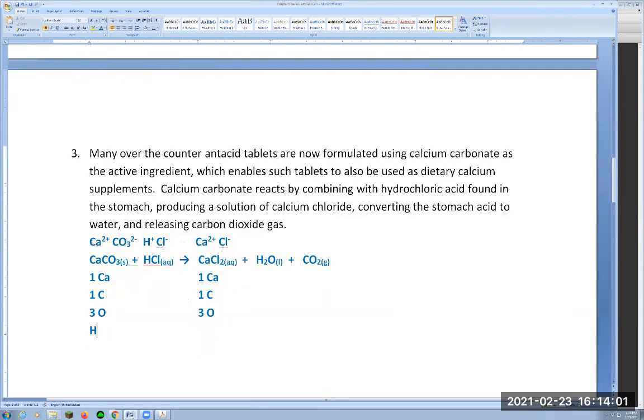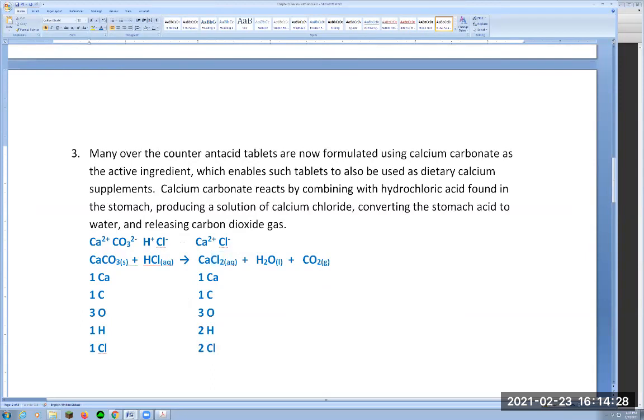Hydrogen, we have 1 on the left in the HCl, and then 2 hydrogens in the water, so 2 H on the right. Oh, we are missing the Cl. So 1 Cl on the left in the HCl, and then 2 Cl on the right in the CaCl2.